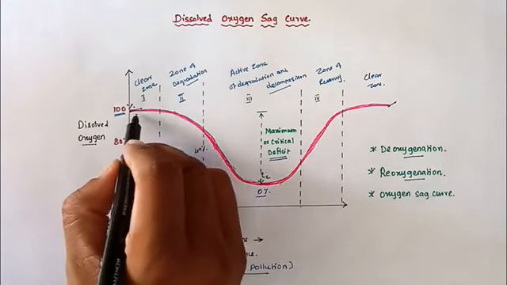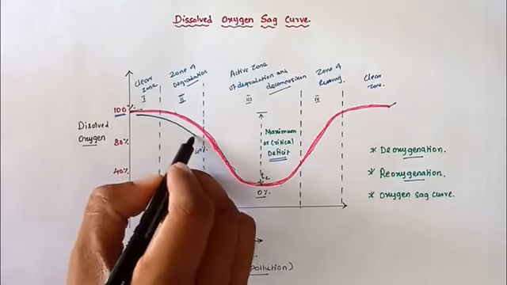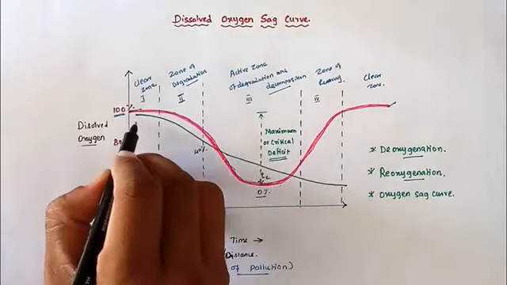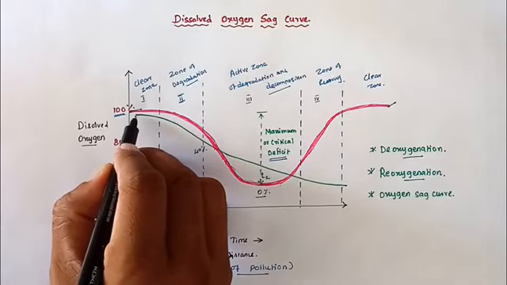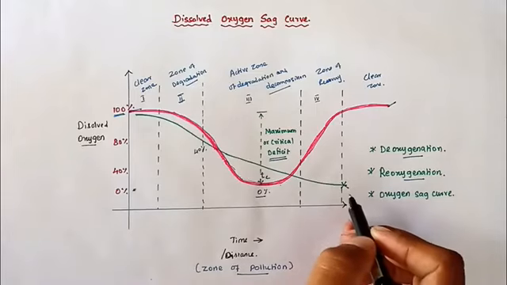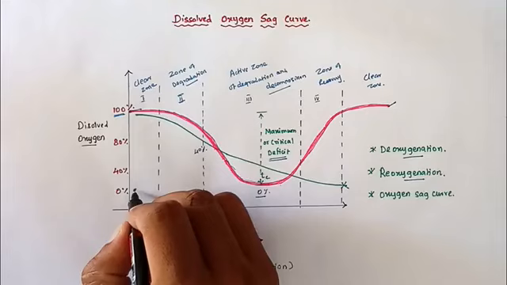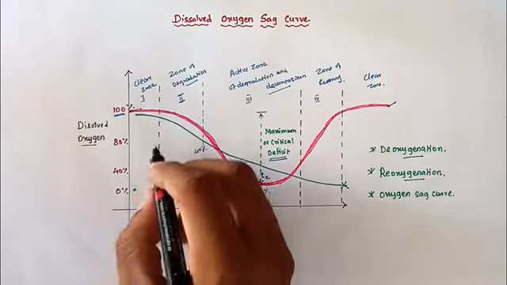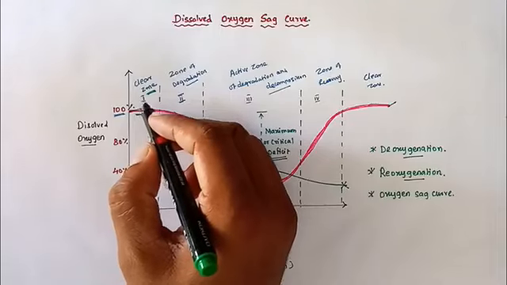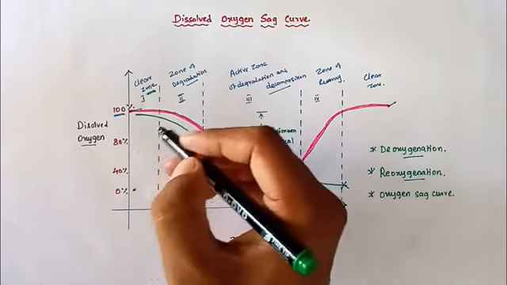From the starting point the deoxygenation is higher, and it is reduced to a very low level, because all the waste materials are decomposed by the microorganisms at the end of the self purification of the river. The reoxygenation is very minimum at the starting point, because it is already a clear zone. The amount of oxygen present in the water is very high, so adding oxygen again is not required.